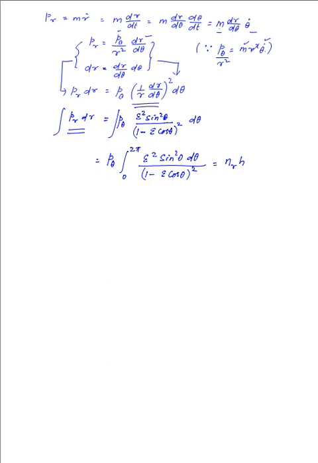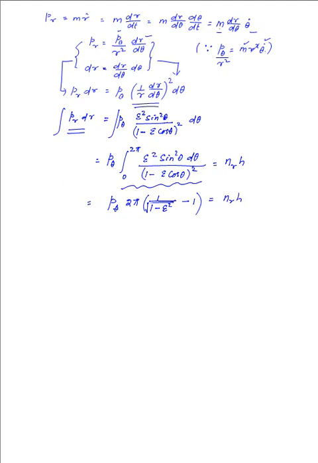Now this integration, I'm not going to go into the detail of it. This integration is going to be 2 pi times of 1 by the square root of 1 minus e squared, minus 1, and the p theta remains as such, and on the right hand side we have nr times h.